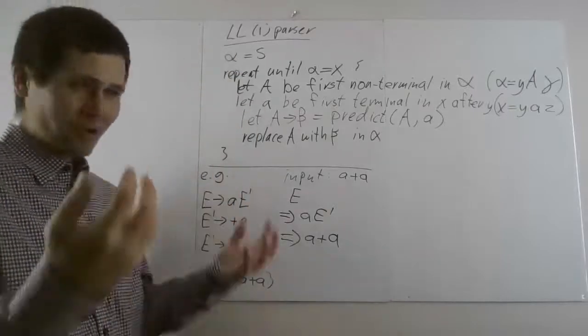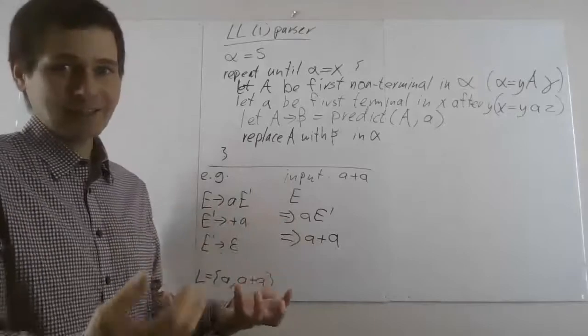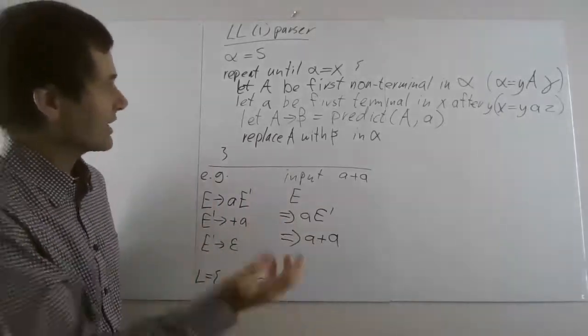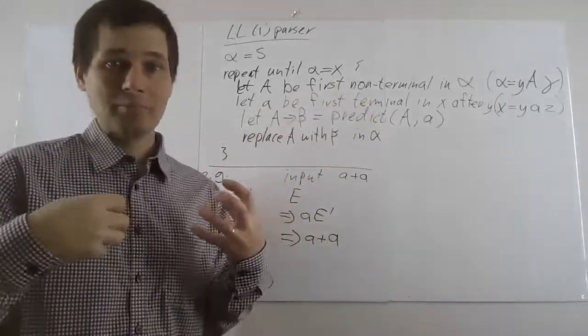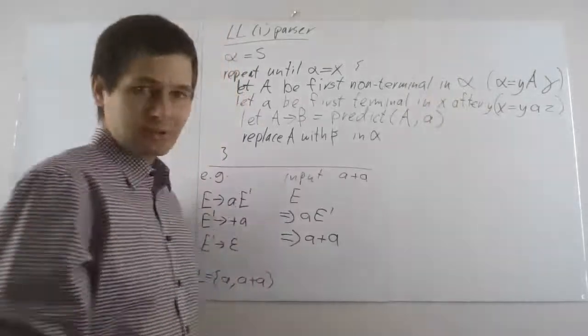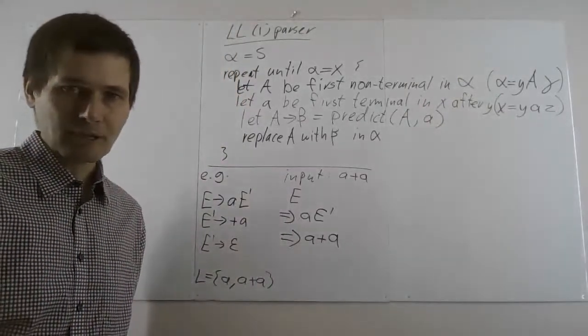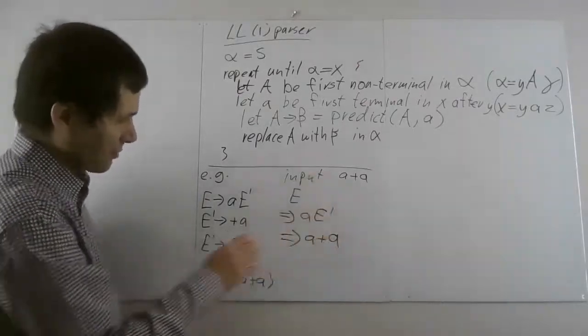If hypothetically you had an LL2 parser, or LLK for any K, then here the little a would actually be a string of more than one terminal symbol, and you would have more information as input to this predict function.